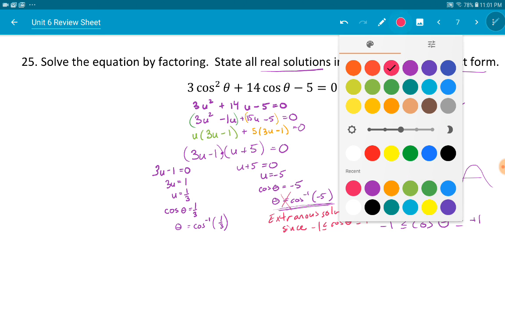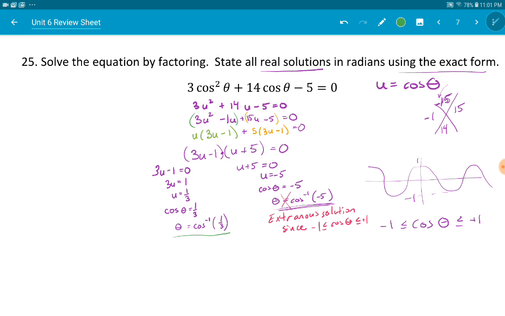So that leaves me with this little friend over here, and that is not a standard angle on my unit circle. So I'm not going to be able to answer that in exact form without using the trig function. So in exact form, I keep theta equals cosine inverse of 1/3, and I want all real solutions, so I know it's going to repeat every 2 pi, plus or minus every 2 pi.